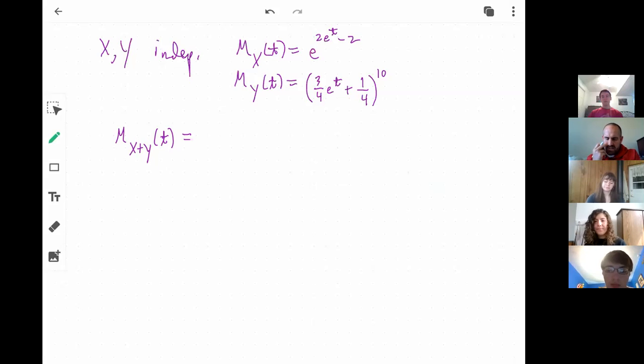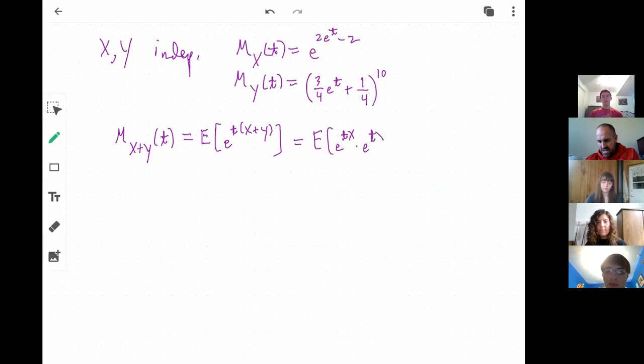Yeah, that's right. Because after all, let's just think about this. This would be the expectation of e to the t times the quantity X plus Y. I'm just showing you why this is true. This would be the expectation of e to the tX times e to the tY.